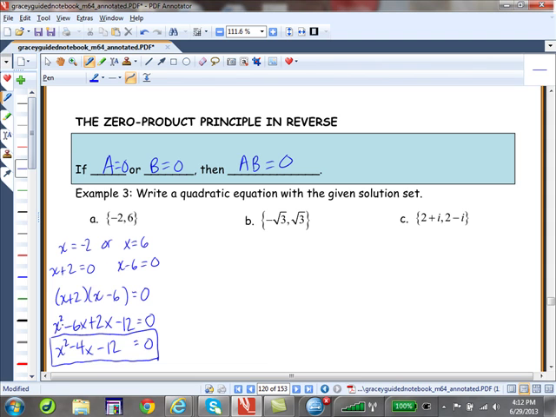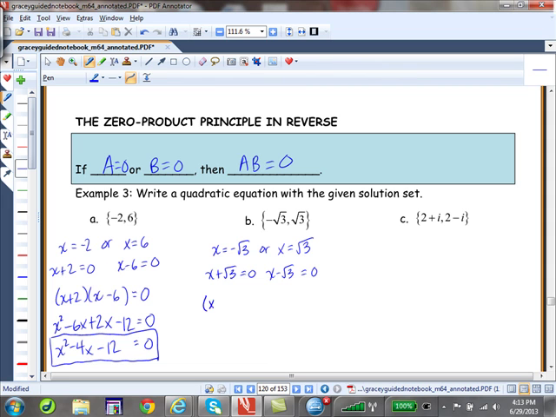Okay? All right. So let's check out part B. This one tells us what? You tell me. That x was equal to, good, negative root 3, or x was equal to positive root 3. So then this is equivalent. x plus root 3 equals 0 is equivalent to x is negative root 3. x minus root 3 equal to 0 is equivalent to this other one.